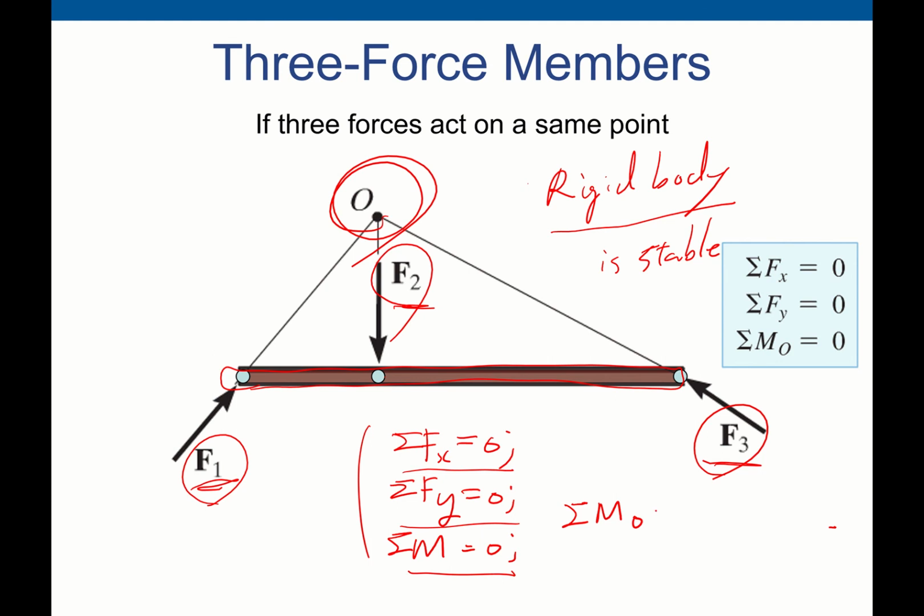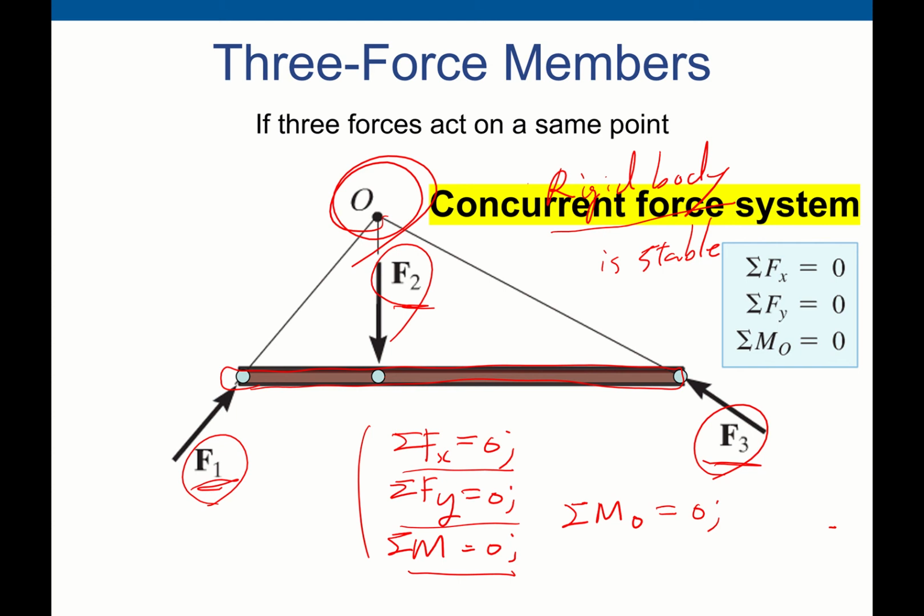What is this? Well, first, there is no perpendicular distance for any forces here, because they are concurrent. So in this case, there is no perpendicular distance for any forces. We can say that this is a concurrent force system because they are intersecting at one point.